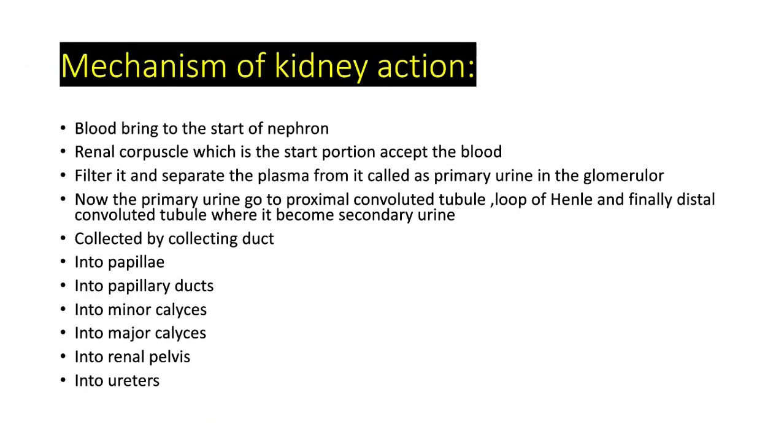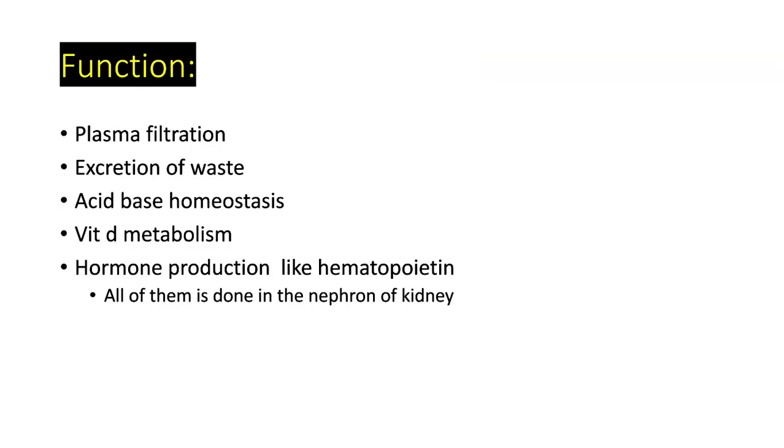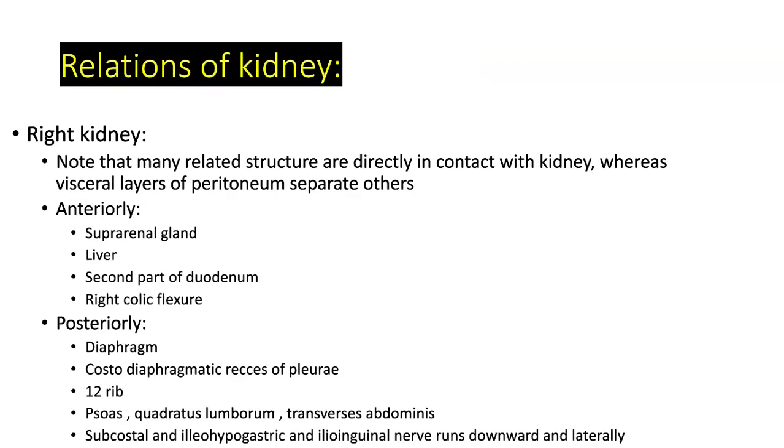From there it is collected by the collecting ducts, moves into the papilla, then the papillary ducts, then the minor calyces, major calyces, the renal pelvis, and then into the ureters. The functions of the kidney are plasma filtration, excretion of waste, acid-base homeostasis, vitamin D metabolism, and hormone production, for example erythropoietin, and all of them are done in the nephron.